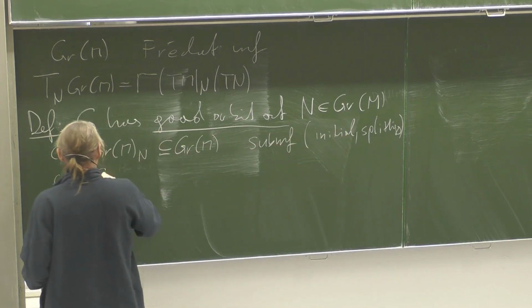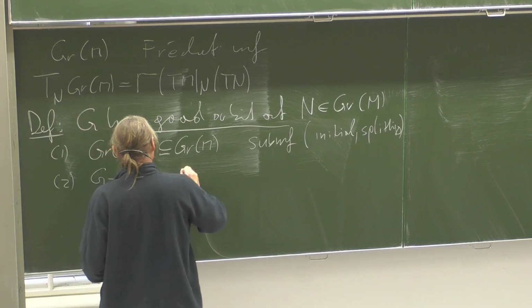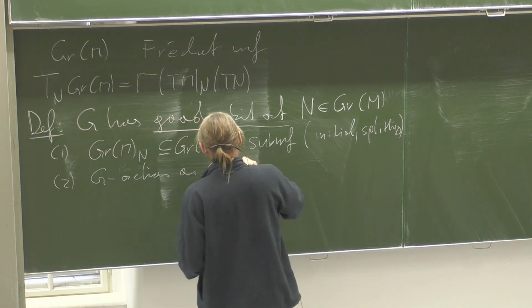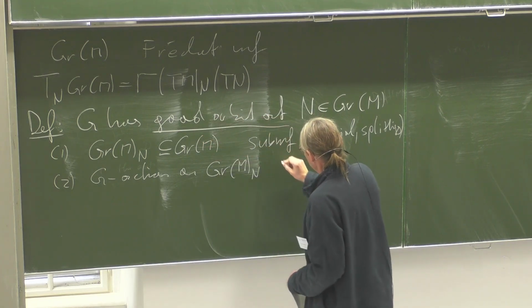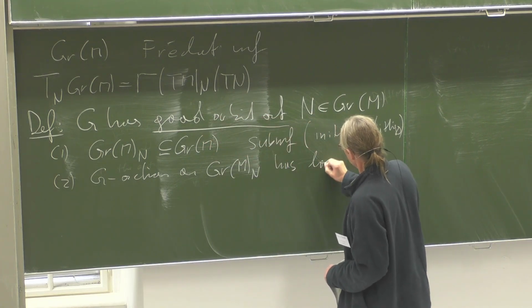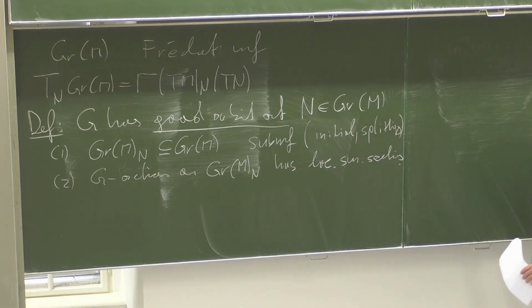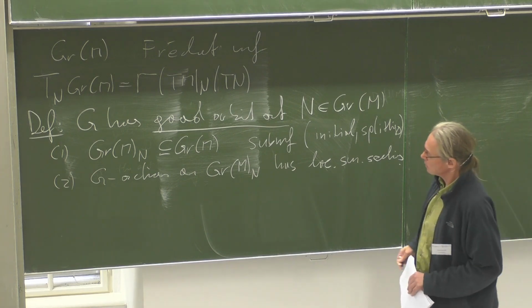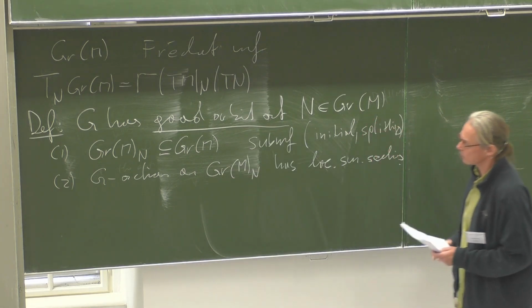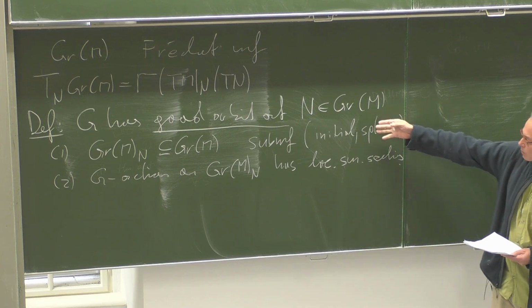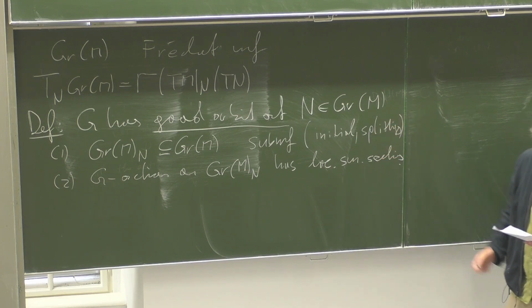We need that the G action on this orbit has local smooth sections. Local smooth sections means that the orbit map has a local right inverse at every point. This is not automatic. That's the second requirement. At least I don't know how one could prove that one implies two in general.